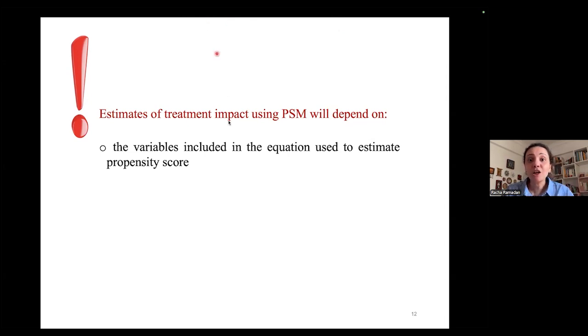Yes, the more variables, the better the results. However, maybe it will be difficult to find observations. So this is why it's important: yes, we want to control for more variables to make sure you have a good match, but pay attention not to include so many observables that you cannot really find a match for this person.